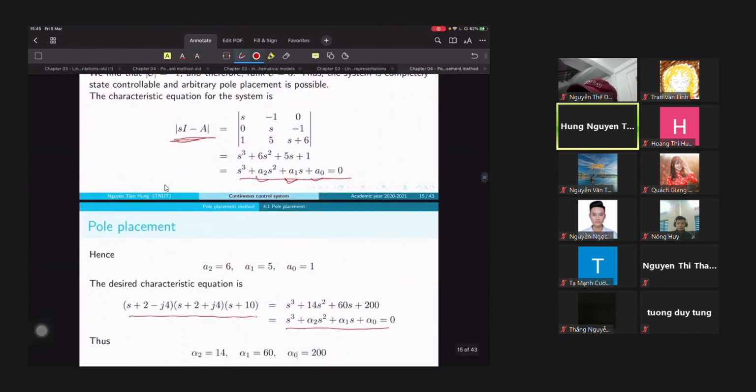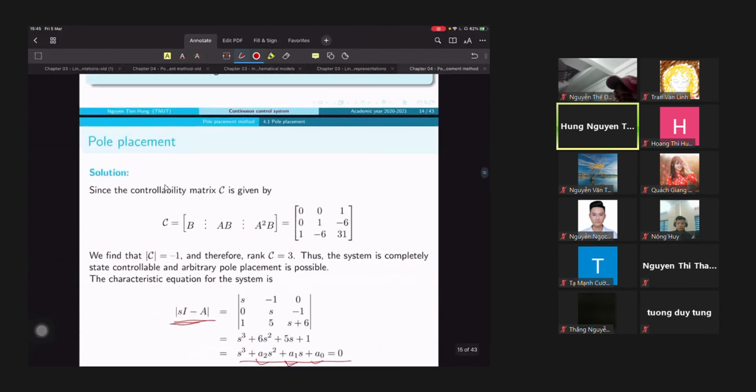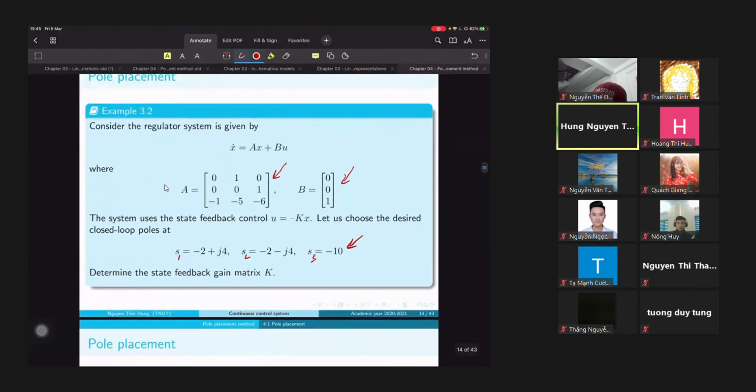So for example, in this example, we see this is matrix A. You have it in your slide. Matrix A, B, and this matrix A should cover all of this.